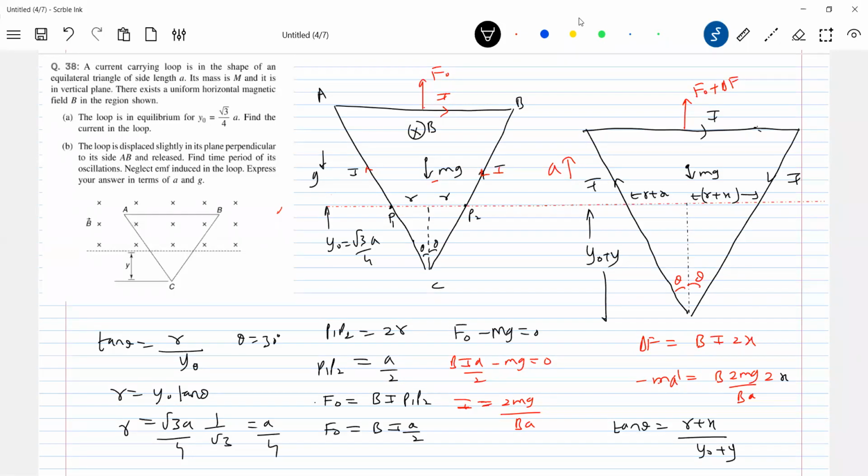Tan 30 is 1 by root 3. So we know r in terms of y naught. R by y naught you can write it. The value of y naught is given, so x in terms of y has to be replaced here. Anybody just solve it and give it. Is that okay? I'm taking only that additional force as the restoring force, no? The other force will be balanced by the mg.